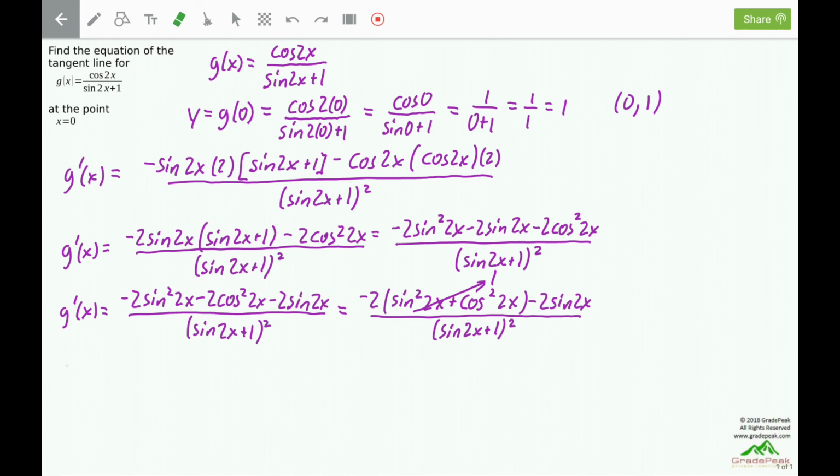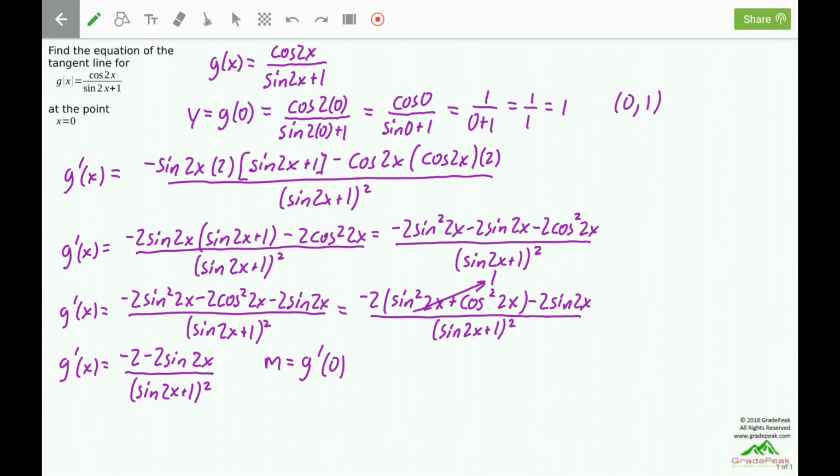So our g prime of x will be negative 2 minus 2 sine of 2x divided by sine of 2x plus 1 quantity squared. Our slope is found by plugging the x-coordinate in.